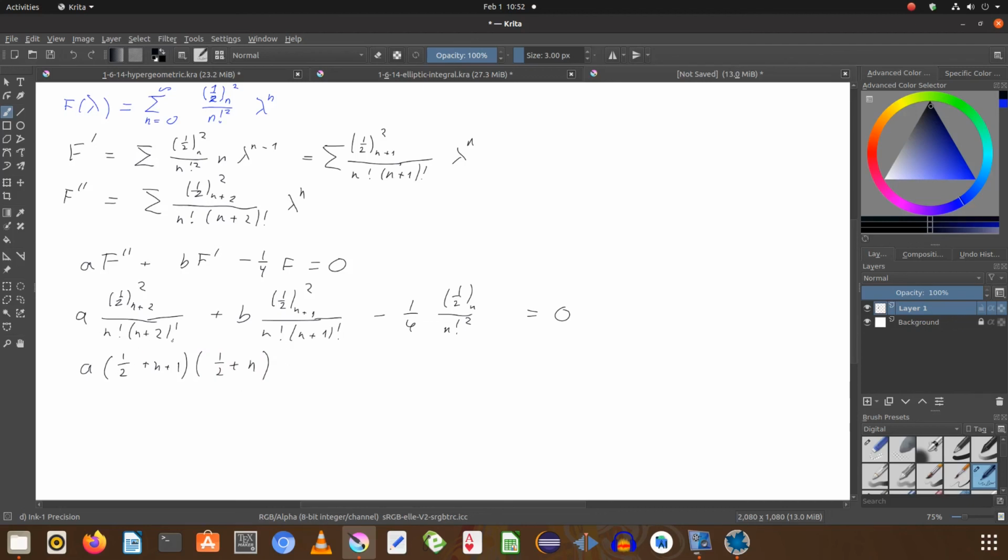And we multiply by these two, and it's squared, and this gives 1/2 plus n squared, and then we get n plus 2.